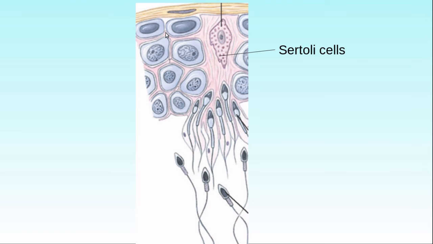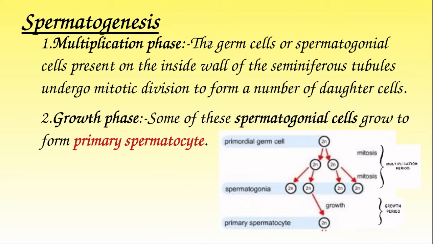Okay, so these germ cells undergo repeated mitotic division. This is a primordial germ cell, and its chromosome number is shown as 2n, that is the diploid chromosome number. What happens to this germ cell, or spermatogonial cell, or sperm mother cell, is that it undergoes mitosis several times. So repeated mitotic division. That is why it is called the multiplication period, or the phase of multiplication.